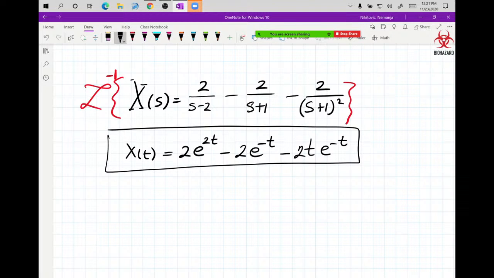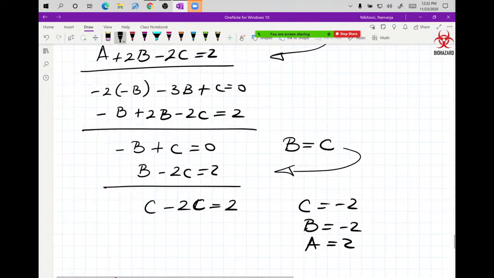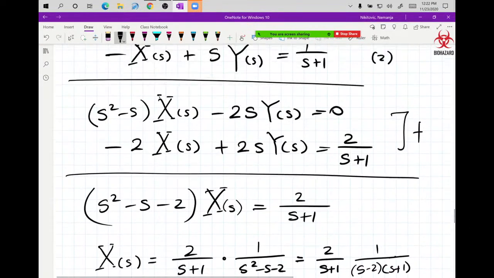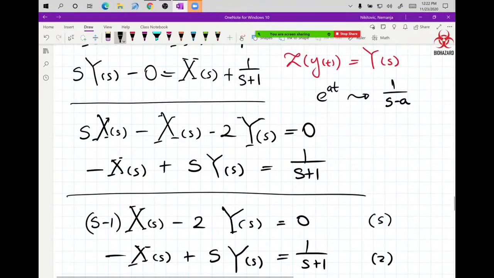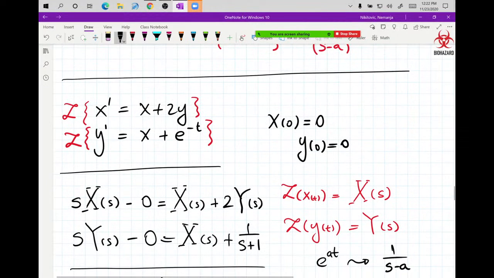And you can go and compute y now, because there is a connection between x and y in the basic equation over here. So to find y, probably the top equation is better. Well, you can use the bottom equation as well, but then you have to integrate to get y, because if you plug in x as is, that will combine with this e to the negative t.